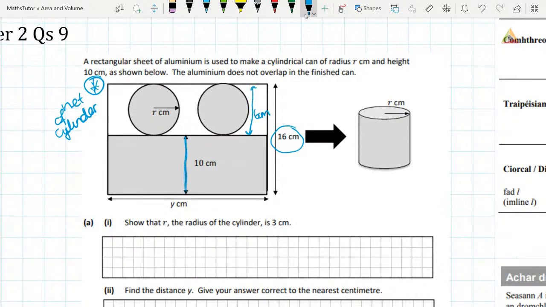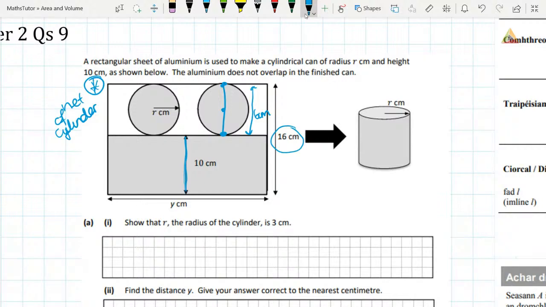So that 6 centimeters is going to be the total distance from one side of the circle to the other. And we call that a diameter. So from one side of the circle to the other through the center is my diameter. So I can see here that the diameter of this circle is 6 centimeters.